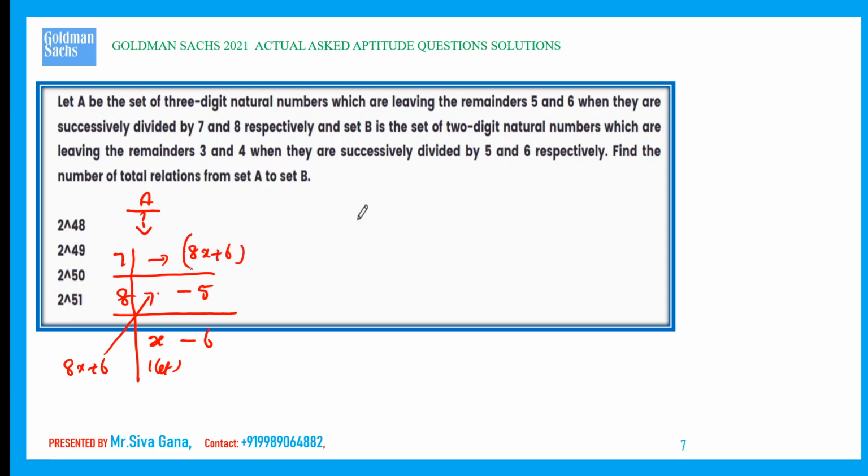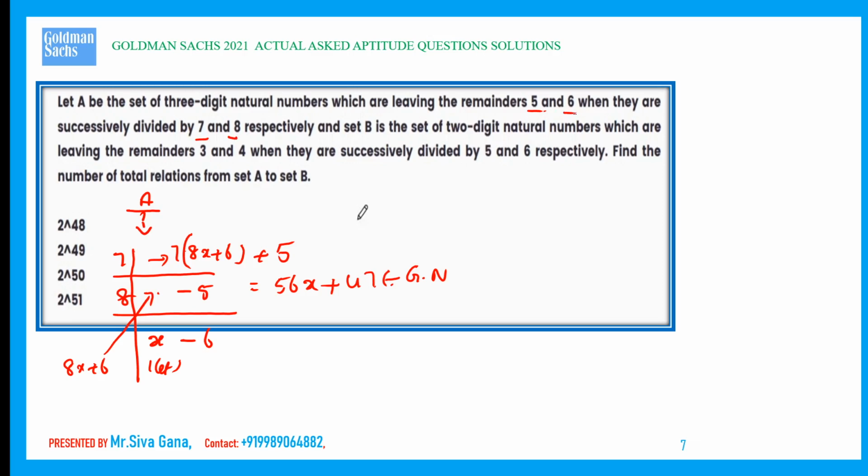Then 8x plus 6 multiplied by 7, and the remainder is 5, which is nothing but 7 8s are 56, 56x plus 42 plus 5, which is 47. This is the general number of this category. This category means when divided successively by 7 and 8, the remainders are 5 and 6.